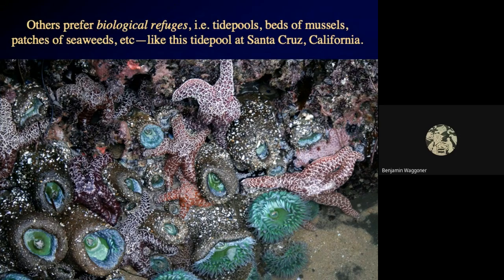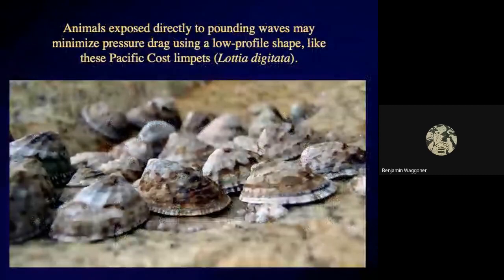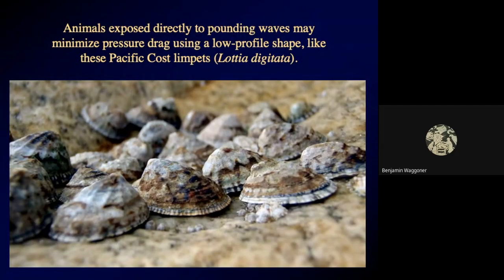And these can stay in or very close to a tide pool until the tides come back in and the water level rises and they're joined again to the greater ocean. So tide pools are often refuges for intertidal life. And then animals that are exposed directly to pounding waves may minimize their pressure drag.